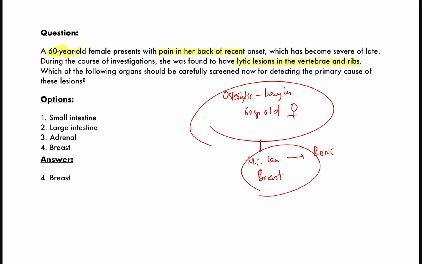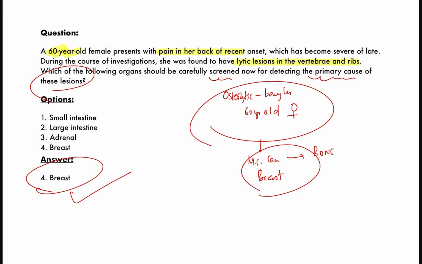So I would be screening her to detect the primary cause of the lesions. So I would screen the breast. I would do ultrasound in these cases, USG breast, right? Mammogram is done, ultrasound is done, to detect breast carcinoma.